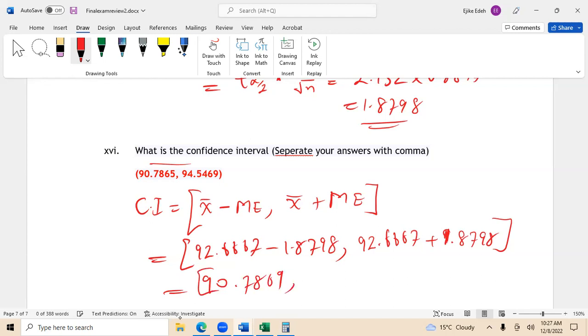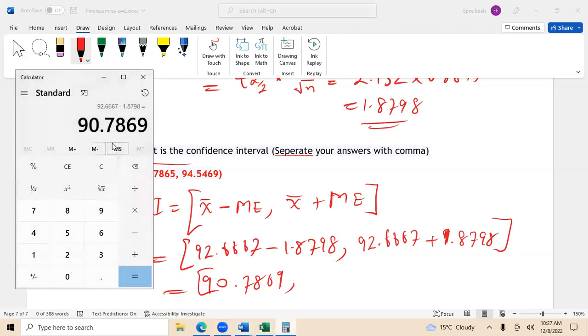Okay, and then the upper one will be the addition of that. So 92.6667, this time plus 1.8798. This gives me 94.5465.